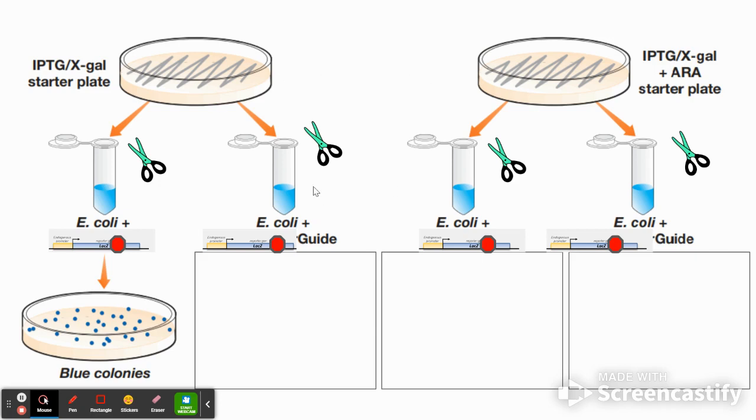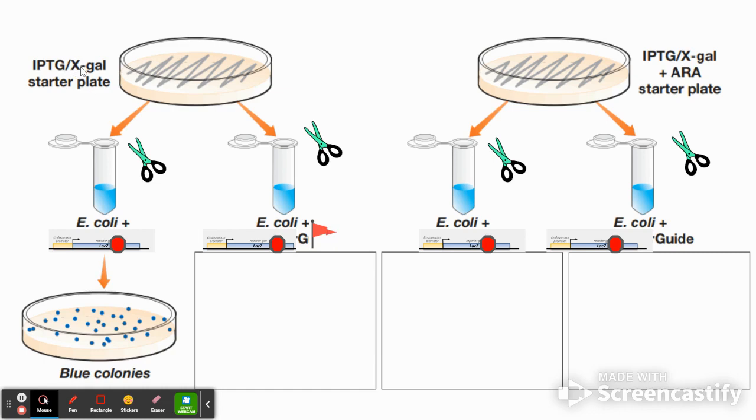Plate B has X-gal that could turn blue. We have the scissors to cut the DNA. We have the non-functional DNA that we would like to insert, and we have the guide. We have the red flag that tells us where to cut. But we are missing another crucial component, and that's the arabinose sugar.